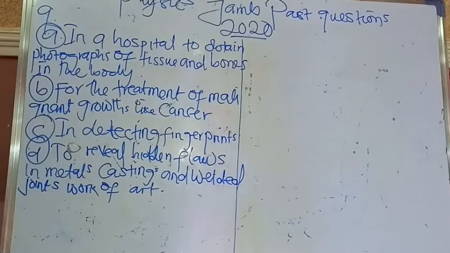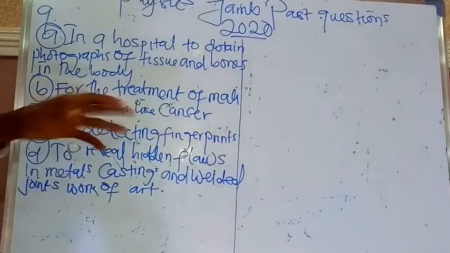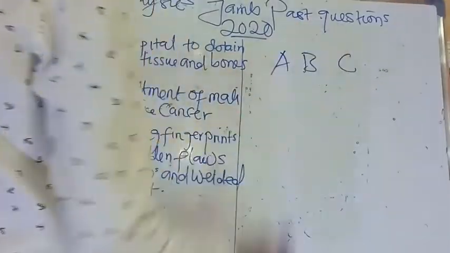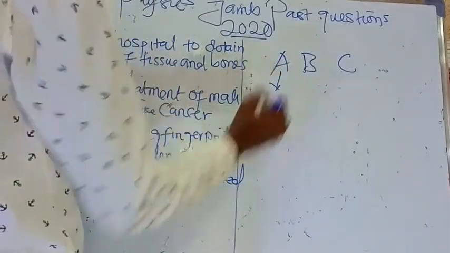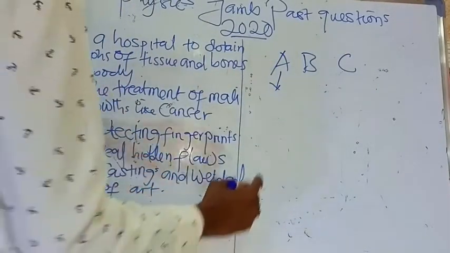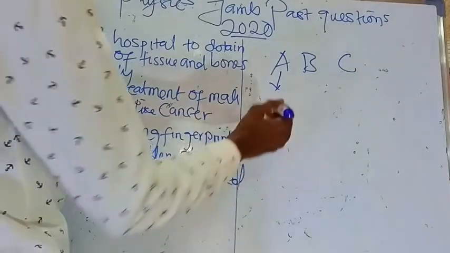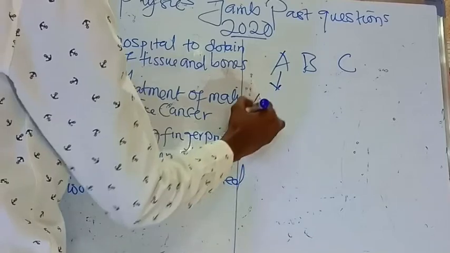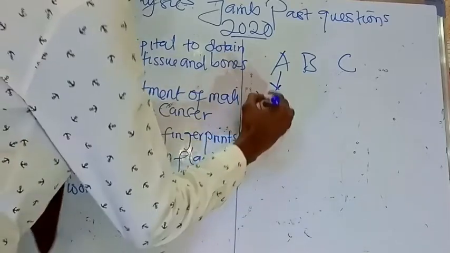So to summarize the use of X-ray, you can use this acronym A, B, C. A stands for X-ray used in hospital, A for arthritis, for detection of arthritis.